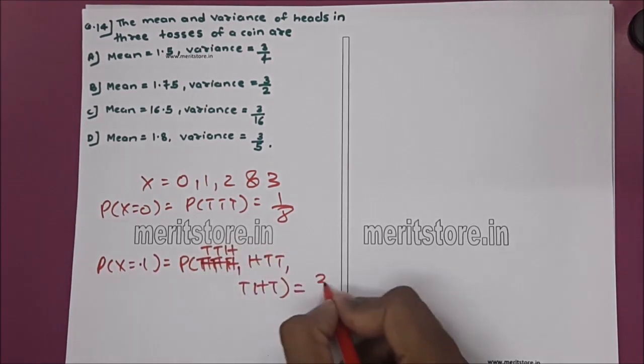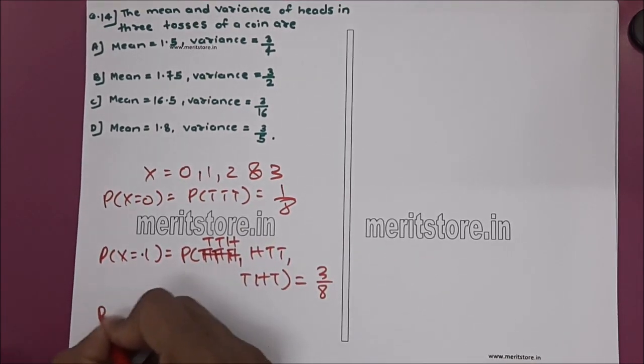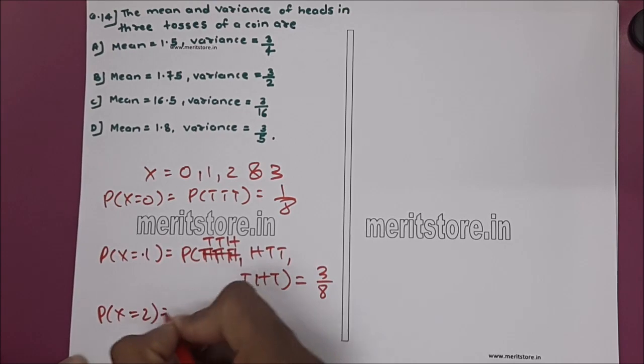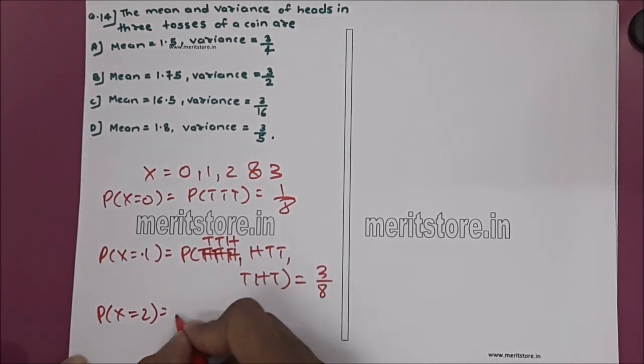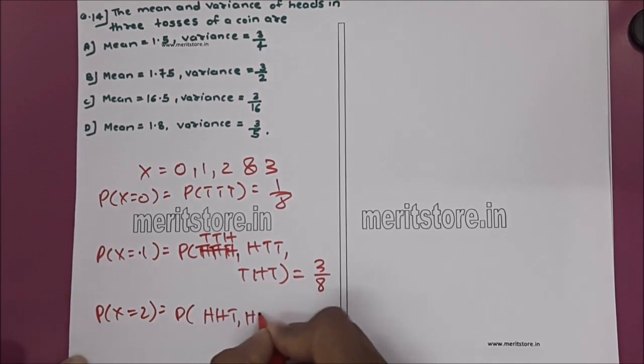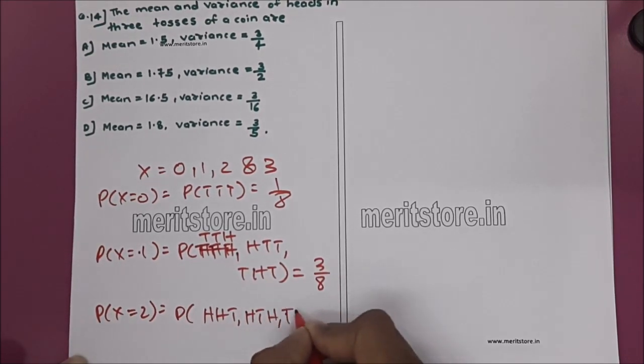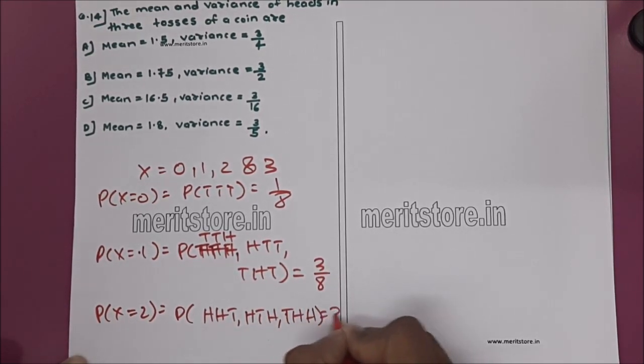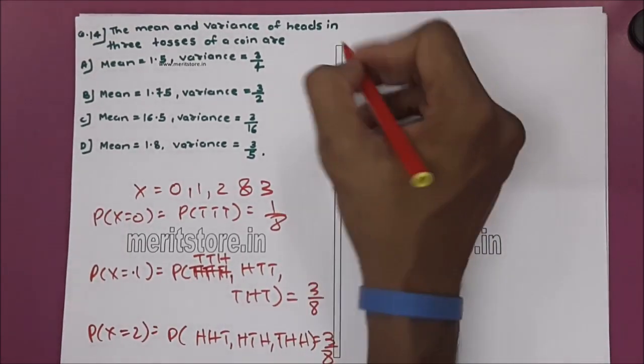So we get 3 by 8. For P of X equal to 2, that is the probability of getting 2 heads, that is P of HHT, HTH, THH, which is equal to 3 by 8.